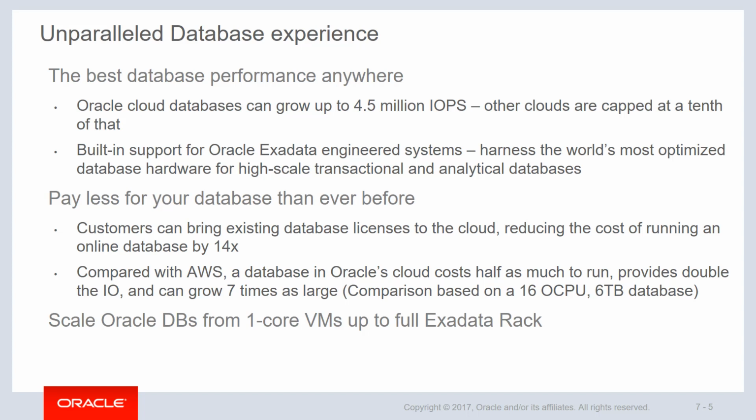It can grow to 7 times as large, and a basic comparison here would be a 16 OCPU instance with 6 terabyte database. That's the cost structure versus a 16 vCPU instance on the AWS Relational Database Service platform, which would include a 3 terabyte database at this time.